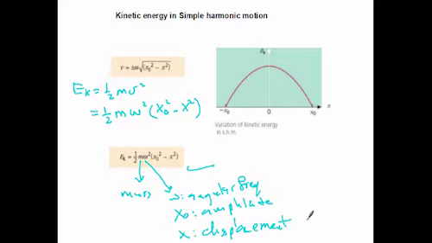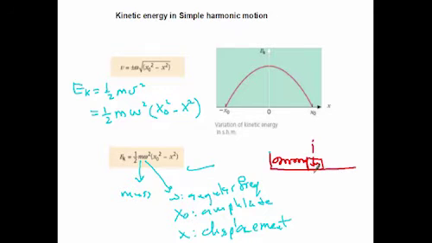Now, if we go back to this equation, for x equal to 0, for example, if we have the mass spring system, here is our spring with mass equal to m.